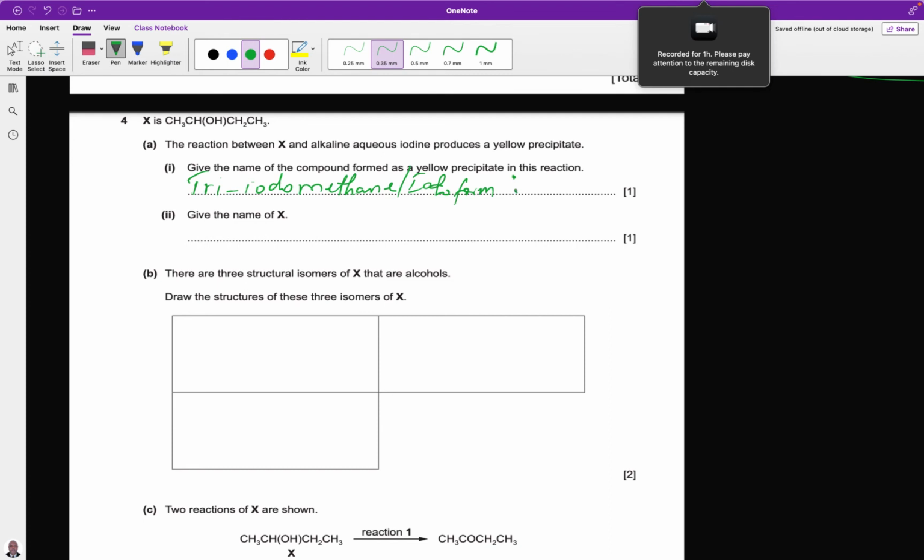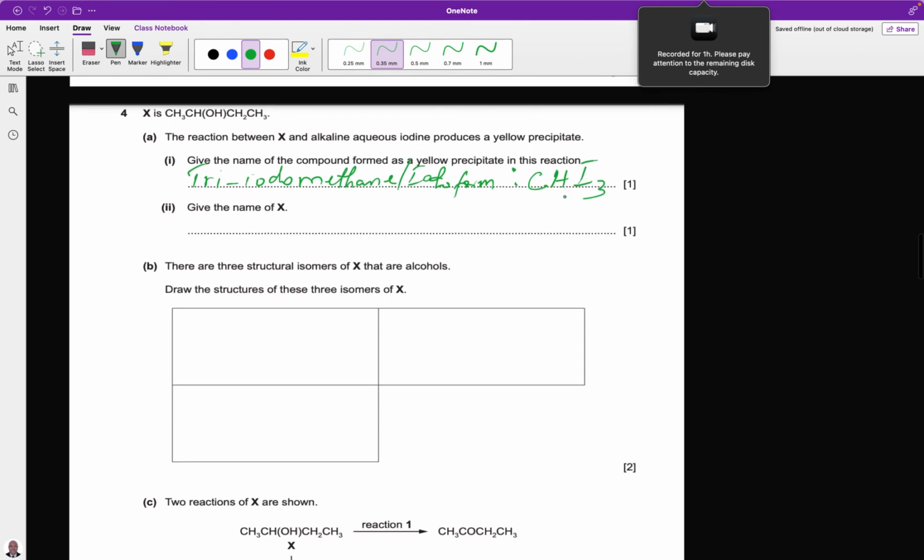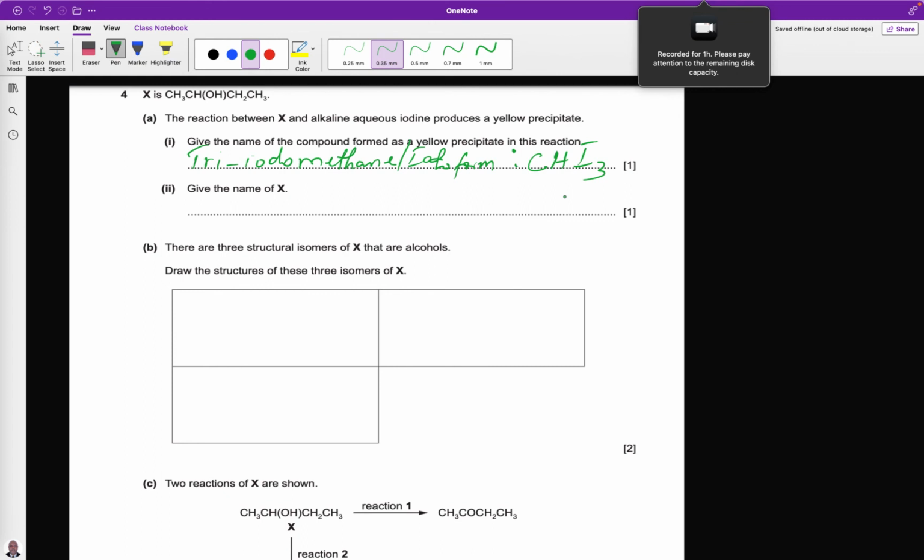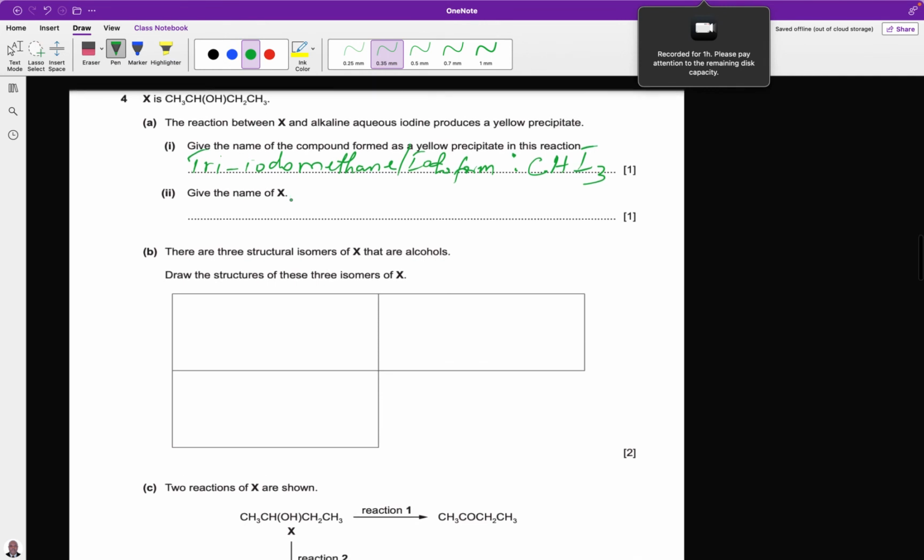And it is usually CHI3. Because of time, I would have loved to show how the reaction goes to give this, but go back to our previous video and you'll get it there. Give the name of X. In this compound, we have the first carbon, the second carbon, third and fourth, and the OH group is located on the second carbon.